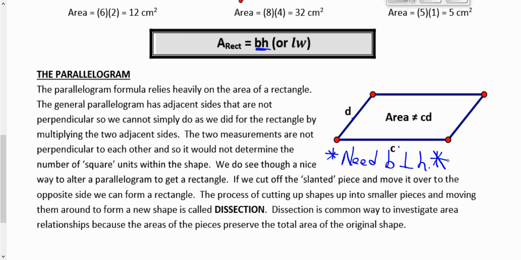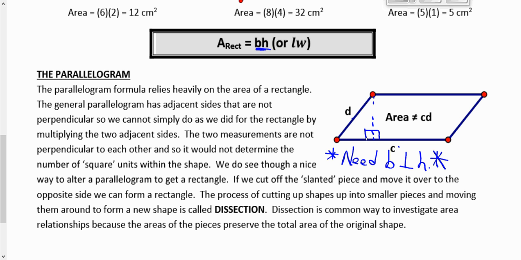We don't have that here. So maybe they'll give us something, or you'll have to draw it in and work it out, something like that for the height of the parallelogram. Right? Then you have a base and a height that are perpendicular, you get the area. You with me? So it's not different than a rectangle, it's still base times height. Okay? But you got to make sure base and height are perpendicular.